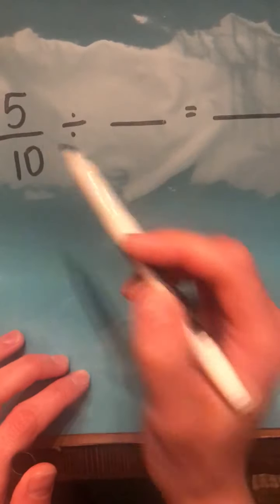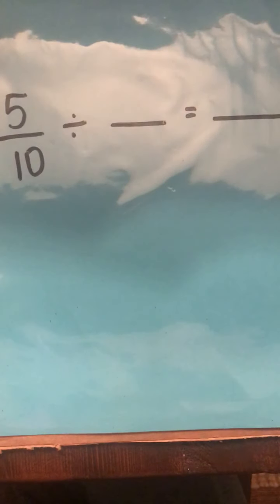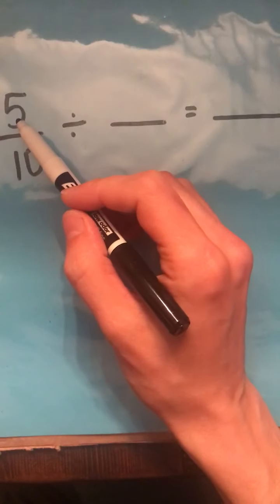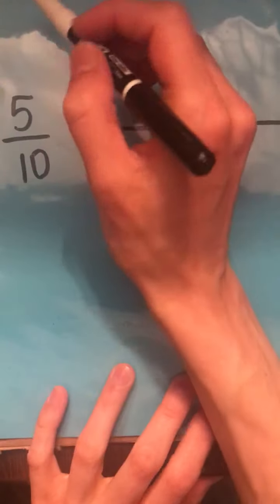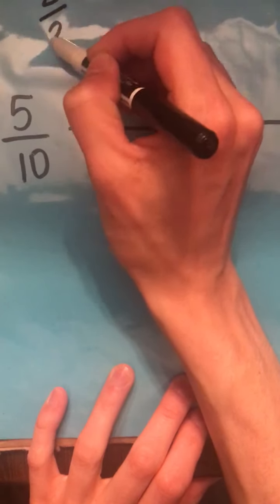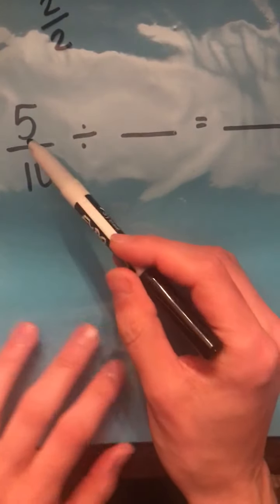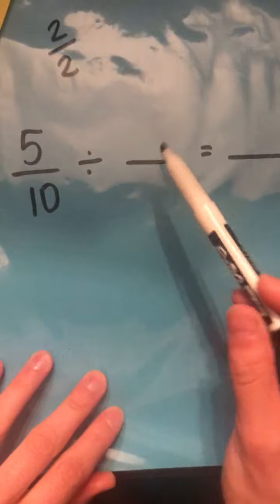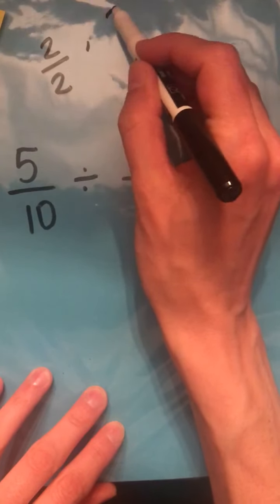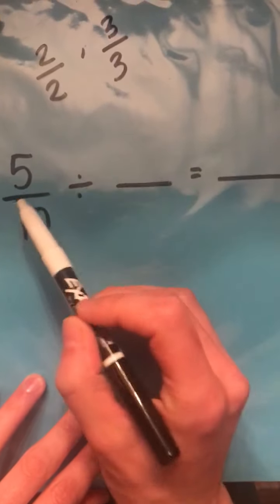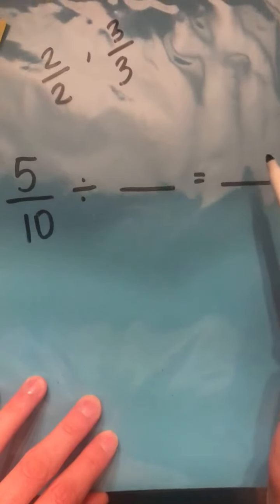When you're dividing 5/10, you want to look for a fraction that has a numerator and denominator that can be divided by 5 and 10. So if you tried 2 over 2, you have to think to yourself, can I divide 5 divided by 2? 3 over 3, can I do 5 divided by 3?